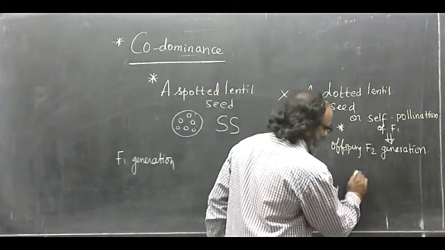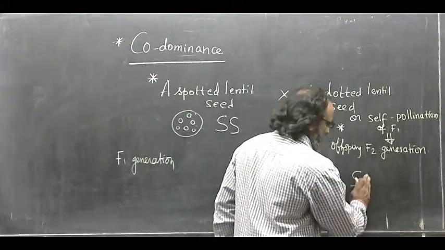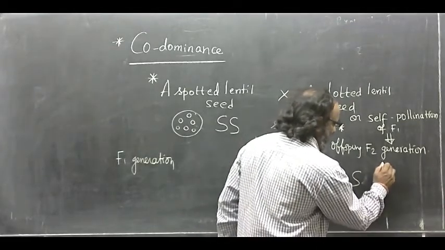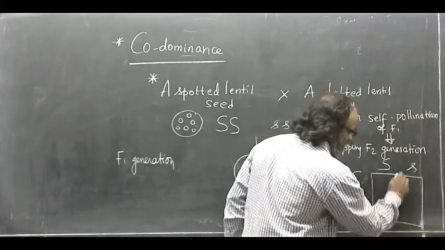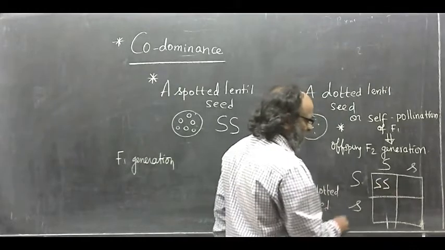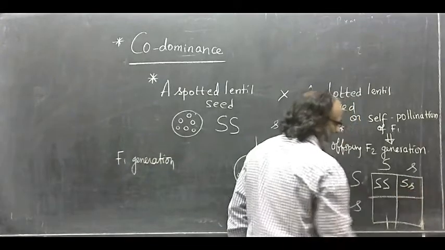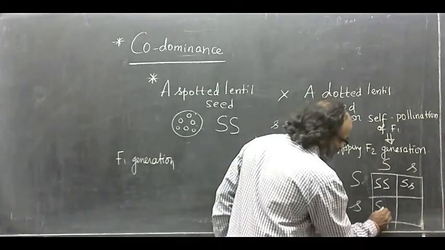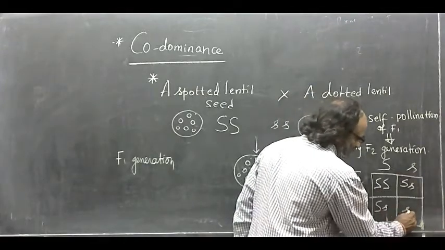It is capital S, small s, which is both the spotted and dotted lentil seed. So, capital S, small s versus capital S, small s. Make a checkerboard. Capital S into capital S, spotted seed. Capital S into small s is a spotted, dotted seed. Capital S into small s, spotted, dotted seed. Small s into small s, dotted seed.